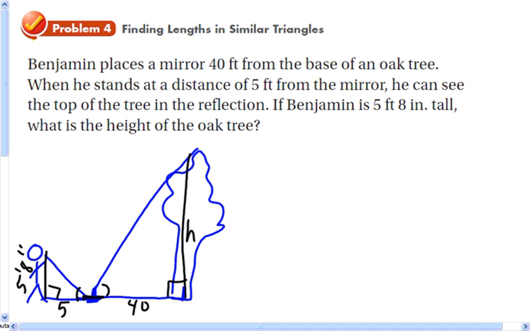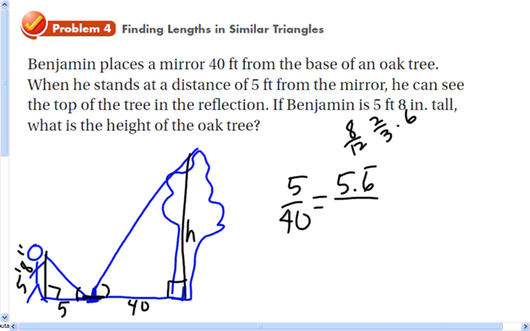So I'm going to use 5 over 40, because that's the two short sides of the triangle. Then I'm going to use the height of Ben. I'm going to write that as a decimal number, I think. That would be 5.6 repeating if you want, because 8 inches out of 12 is 2/3, which is 0.6 repeating.